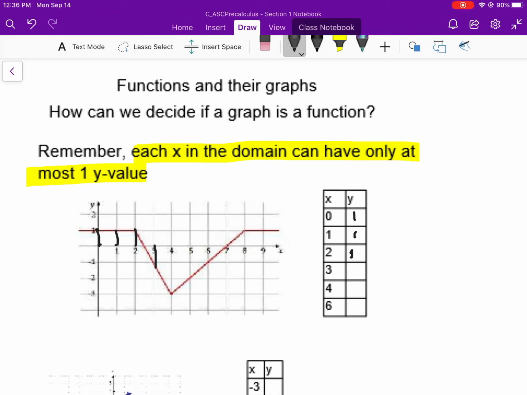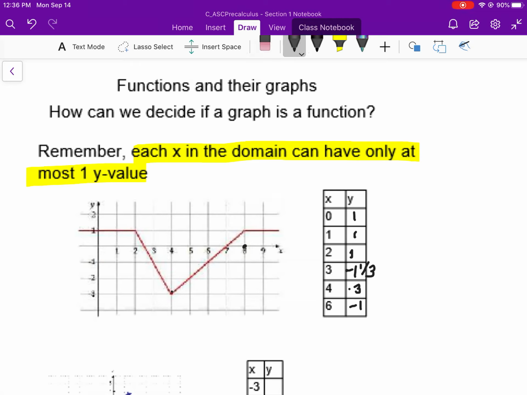It looks like it might be negative 1 1/3. It's hard to tell, just estimating. And when x is 4, my y value looks like negative 3, and when x is 6, my y value is negative 1. So notice, do any of those x values have more than one y value?